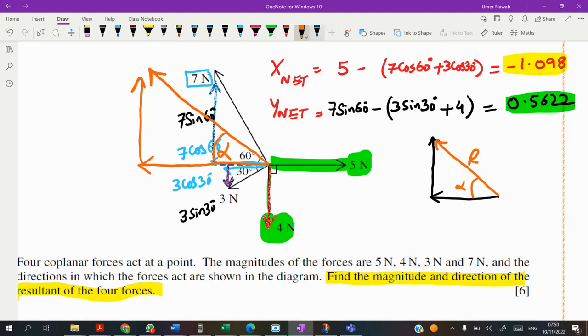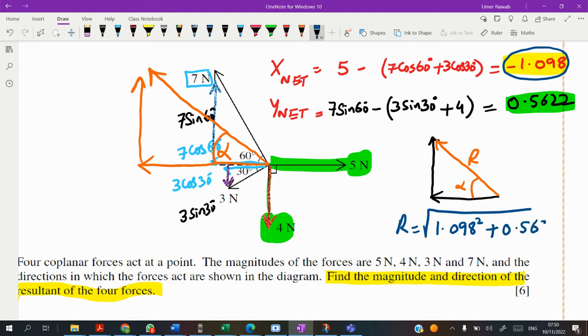Can we calculate it? Resultant is easy. A big square root, take the square of this value, 1.098 squared. When you write it under the square, no need to write the minus sign. 0.5622 squared.